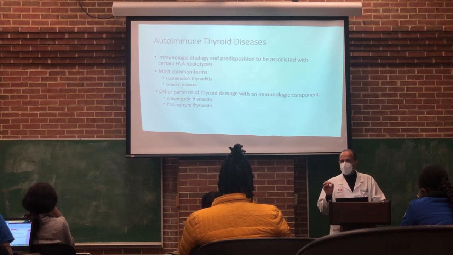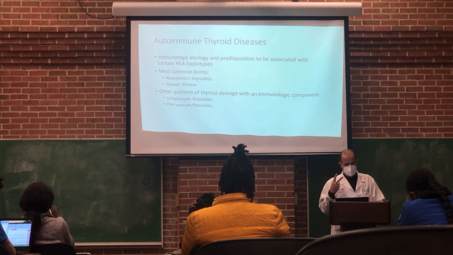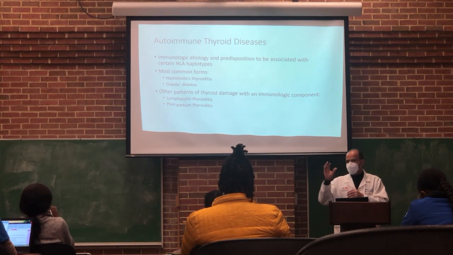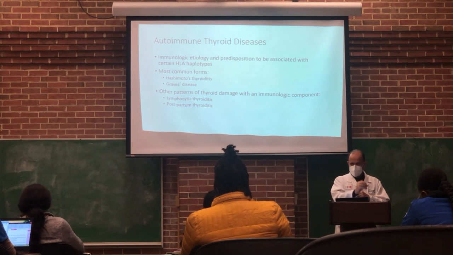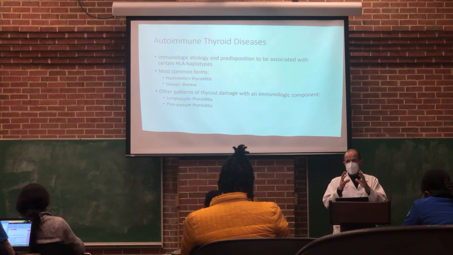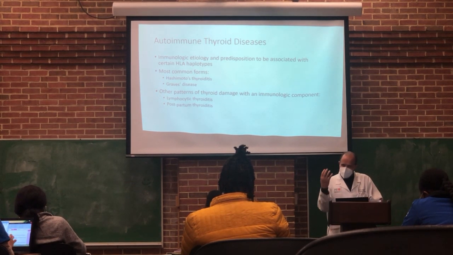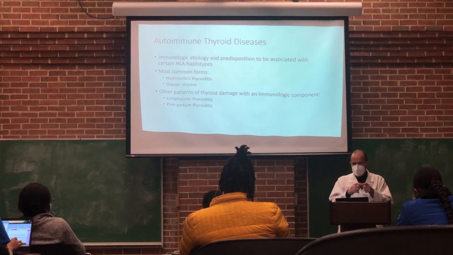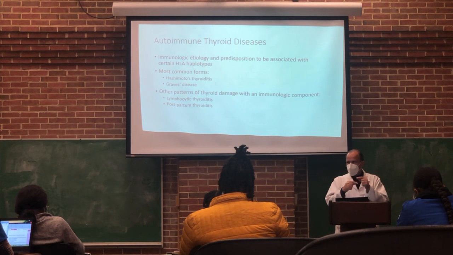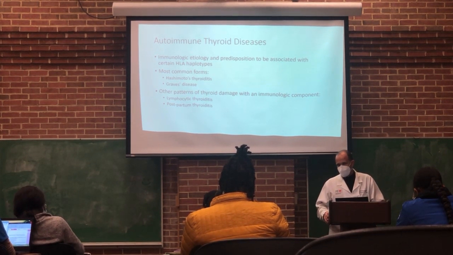Now when we talk about autoimmune disease of the thyroid gland, I want you to know two diseases. One disease is Graves' disease, that is hyperthyroidism. This is an autoimmune disease, meaning that there are antibodies in that individual that stimulate the receptors for the thyroid stimulating hormone to make more thyroid hormone.